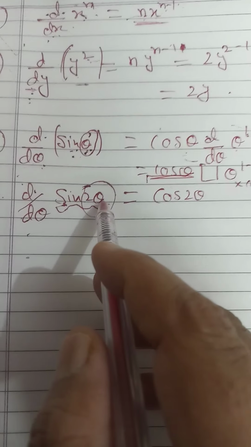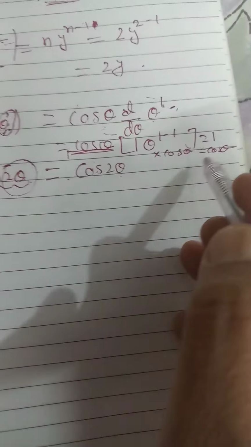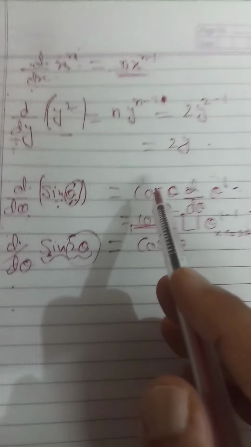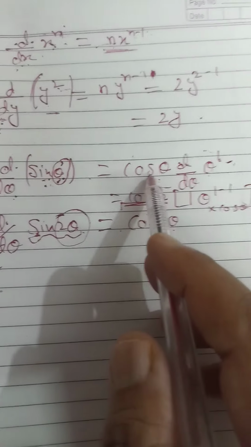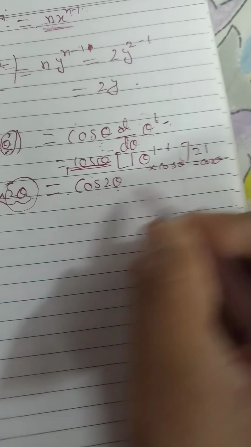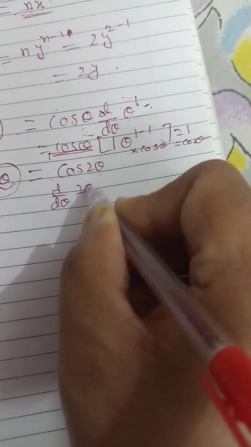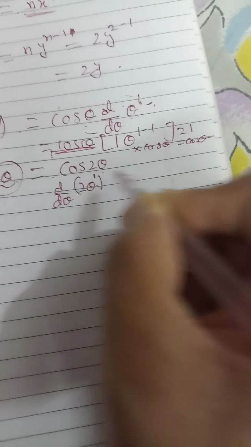Now in cos 2 theta, I will apply the same thing. d by d theta of sin 2 theta. Differentiation of this was cos 2 theta. I will use the same application which I have used here. So here I have written d by d theta of sin theta, cos theta, and differentiation of theta also. I will do the same here. The space is very less, so I am writing below d by d theta of 2 theta. Now theta to the power 1 is there.